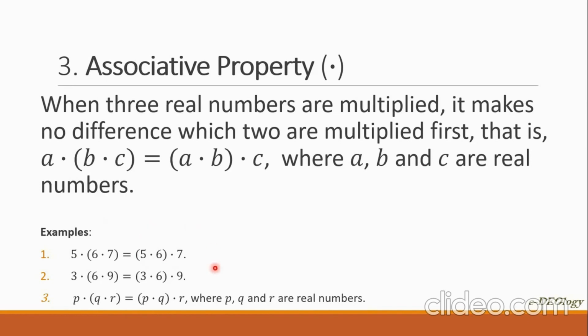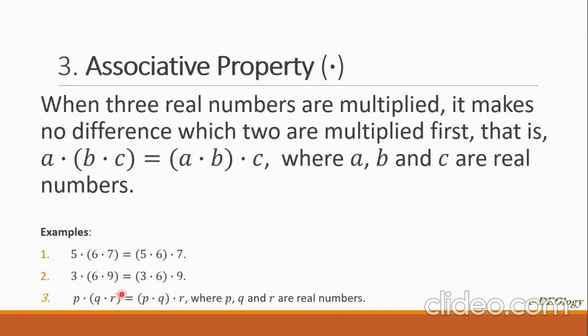Next is example number 2. 3 times the group of 6 times 9. This is equal to the group of 3 times 6. Afterwards, we multiply to the 9. The third example is there are letters that represent numbers.